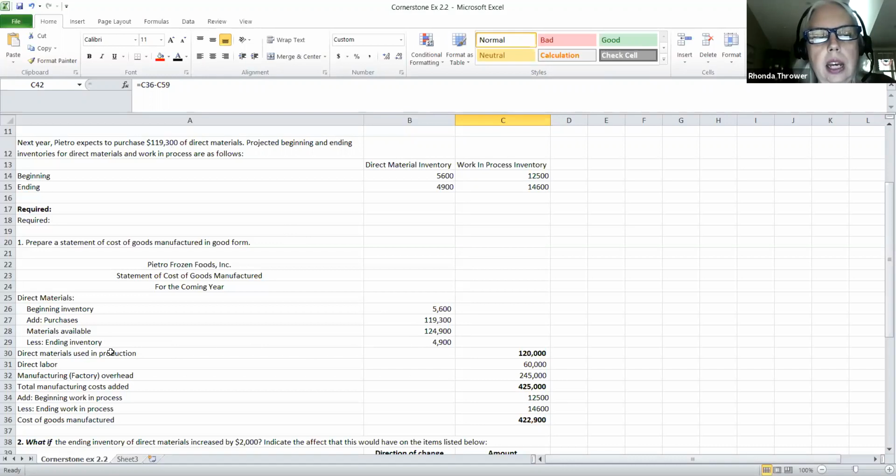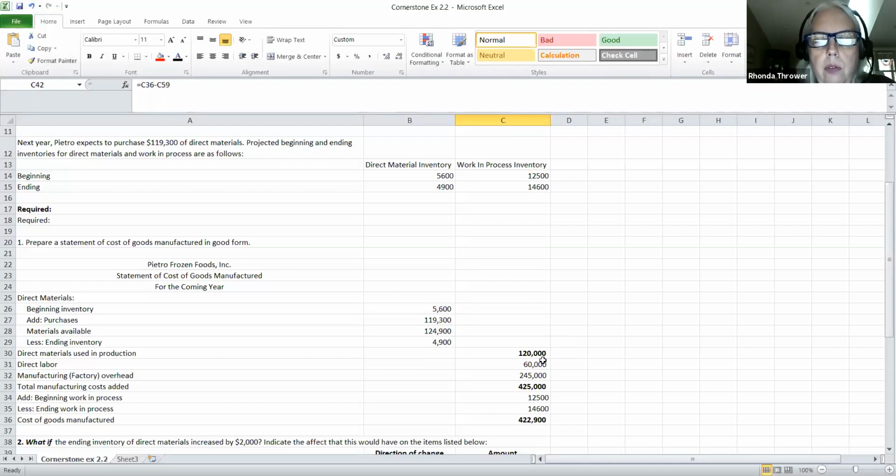At the end of the accounting period, we count the materials to see what we have left over in ending inventory. We will deduct the ending inventory from the materials that are available, and that will tell us exactly what we've used in production. So our direct materials used in production is 120,000.